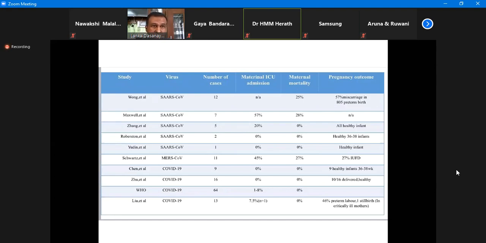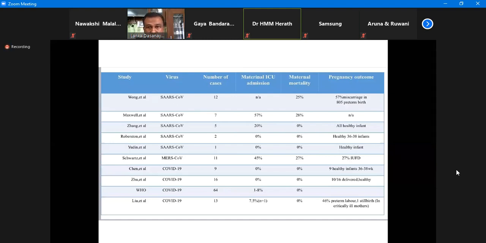In the world literature, the important study we have to be concerned about is the WHO study involving 64 cases, and other studies involving small numbers of cases. Here what we can see is that maternal outcome with regards to ICU admission is almost zero in most of the studies, but a few studies show some percentages, though those involve small case series.